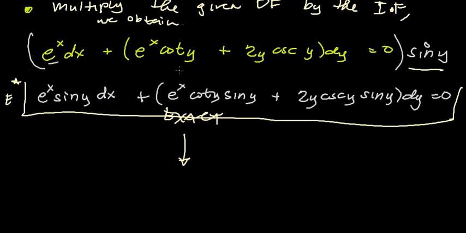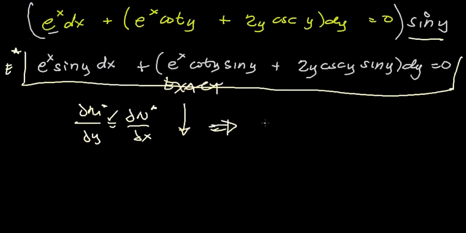But if you are not confident enough and you want to check if this equation is really exact, then you need to do the evaluation by equating the new partial derivative of M with respect to y and N with respect to x.